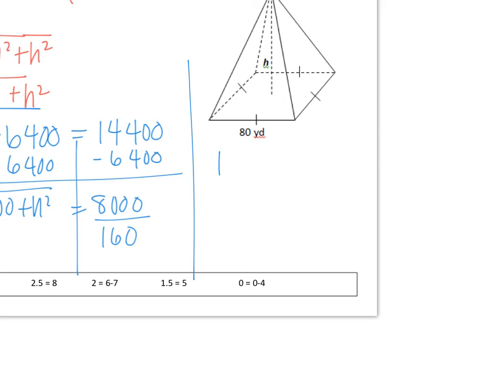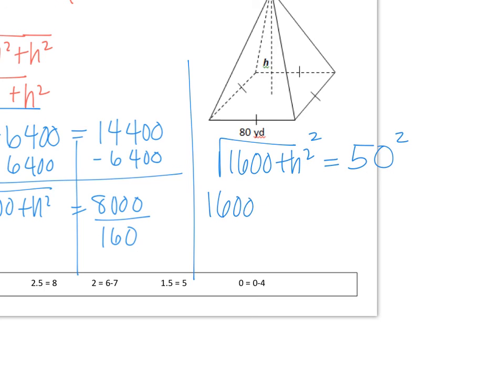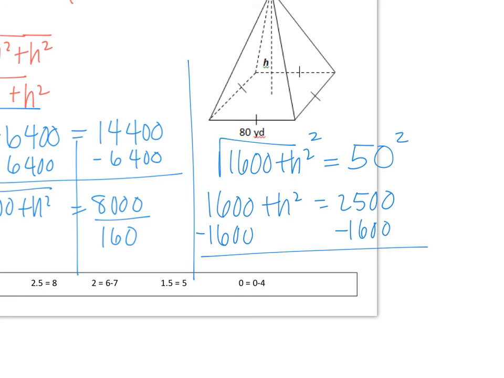So this side we still have the square root. This side is now 50. Square both sides. 1,600 plus h squared equals 50 squared, 2,500. Subtract the 1,600.